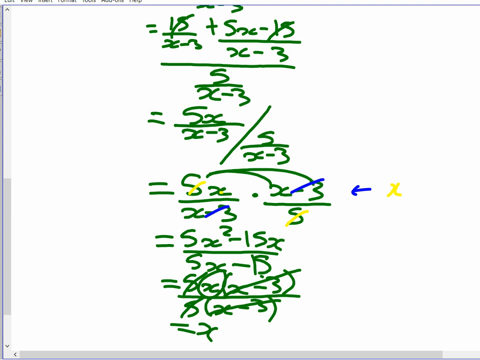When you're multiplying fractions, it's a bit like saying 2 over 5 times 10 over 3. Remember, before you multiply, you can also cancel diagonally. So 2 and 3, does that cancel down diagonally?